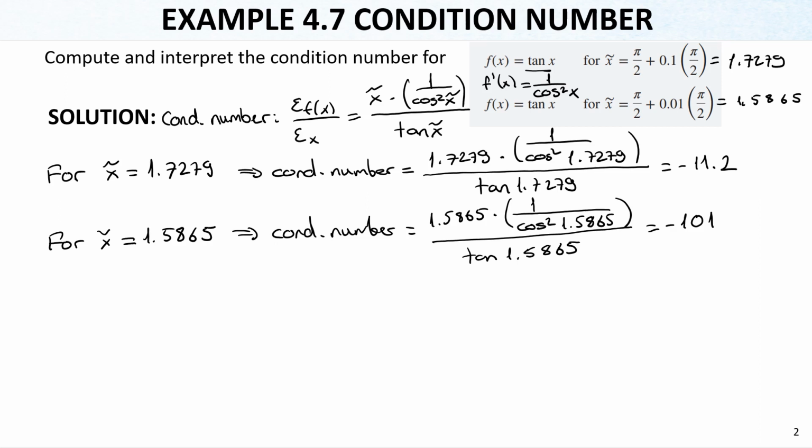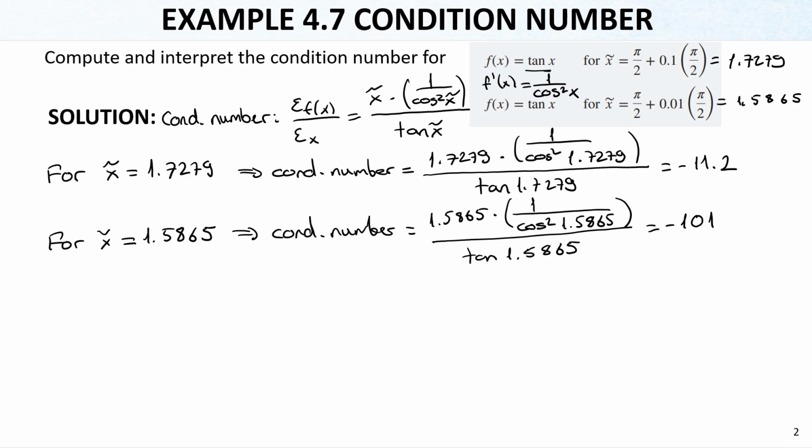You can see there is a crazy increase when we change the x value from 1.72 to 1.58. So the condition number is crazy large with negative value, much worse, which means this is worse and this is not. Having a value of 1 is ideal, but if we are getting away from it, it is not good.